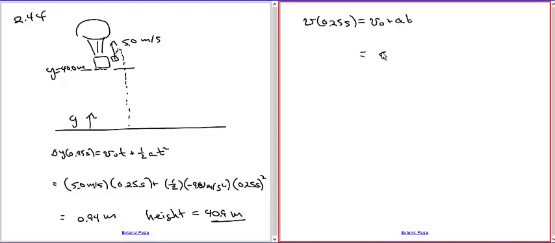So v0 is 5 meters per second plus negative 9.81 meters per second squared times t, which is 0.25 seconds. And you get 2.54 meters per second. So it's still going up after a quarter of a second.